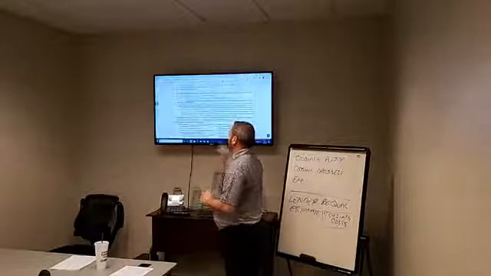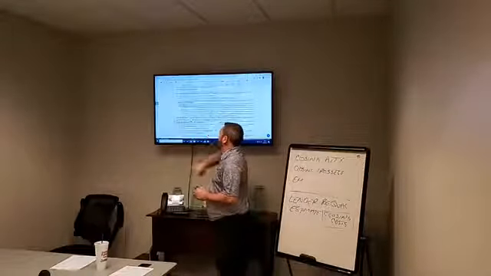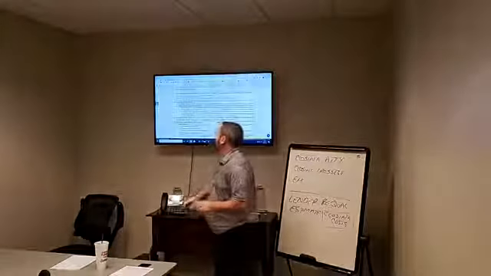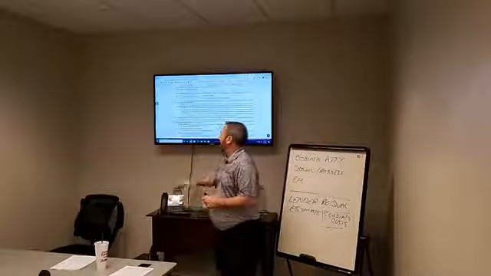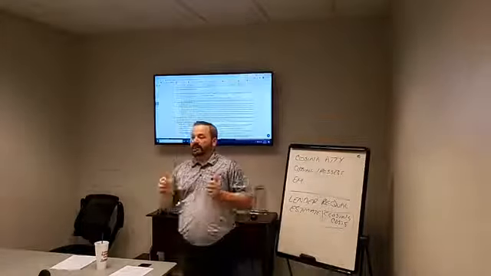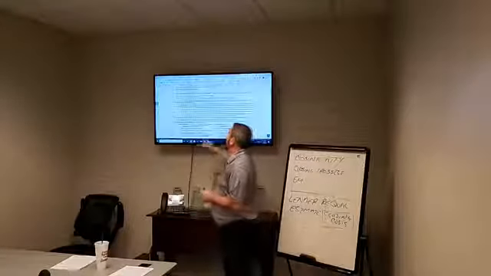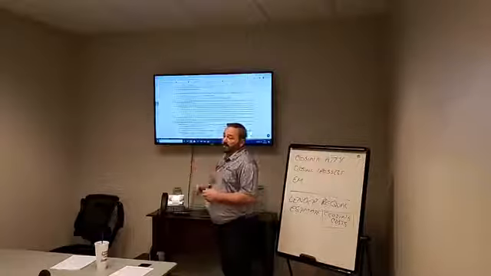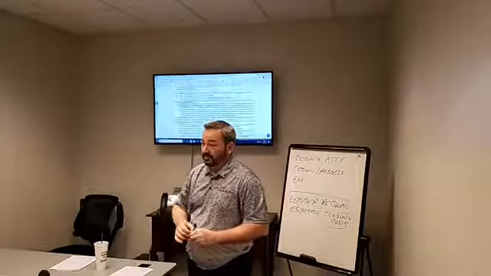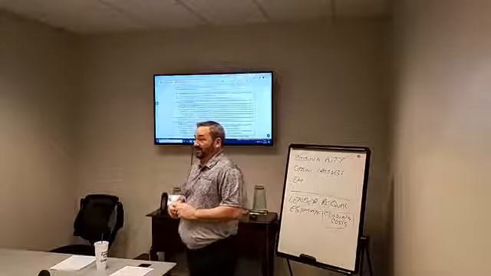Lead-based paint. Was the property built before 1978 or was it not? If it was built before 1978, it tells you right here, you need a lead-based paint exhibit. You cannot have a binding contract without the lead-based paint exhibit if the property was built before 1978, or if anything in the property is pre-1978.